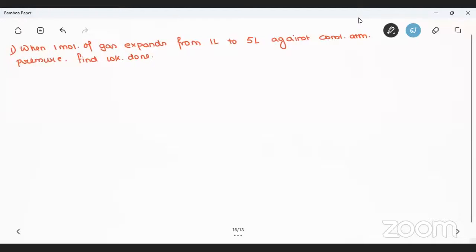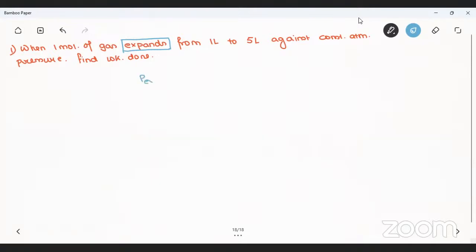So what it is said is that 1 mole of a gas expands. This is your keyword. Okay, this expand is your keyword. I told you expand means what? The work that you will be getting will come in negative value. So expands from 1 liter to 5 liter against constant atmospheric pressure. Find the work done.